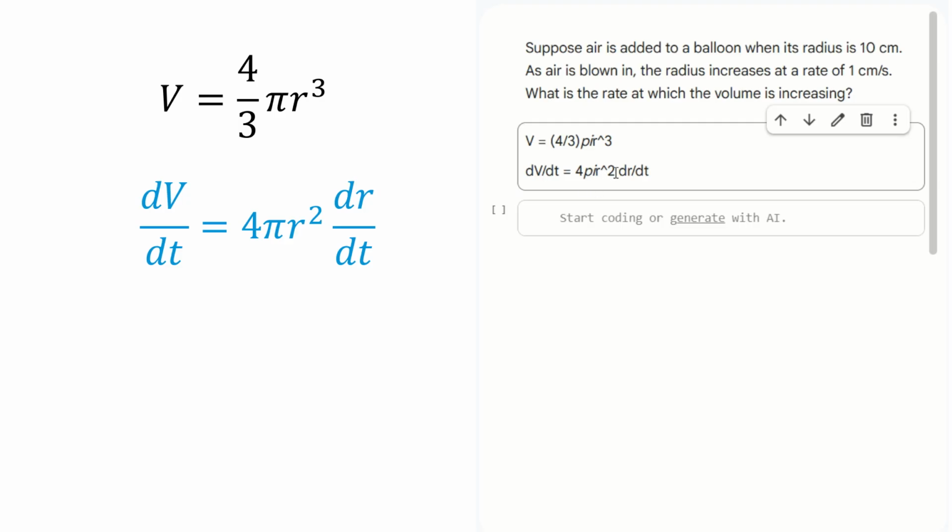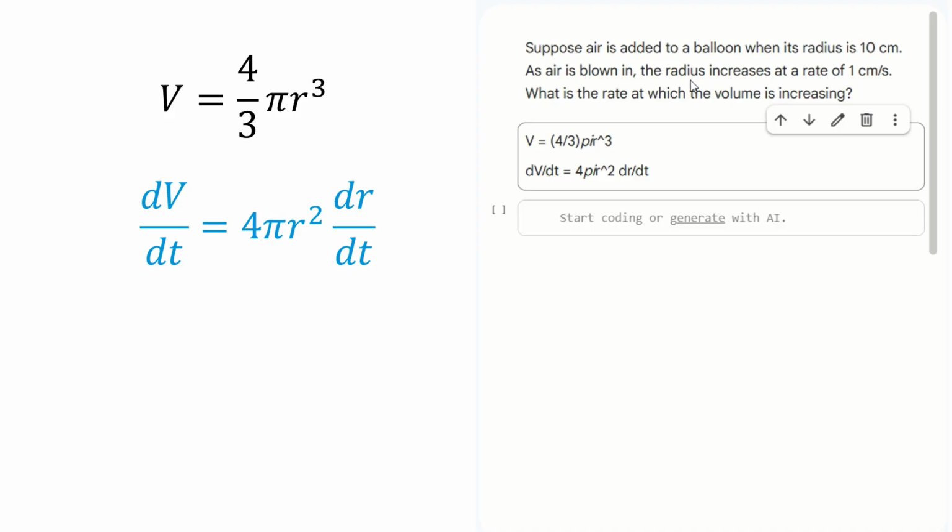Now, if you're familiar with formulas from geometry, 4 pi r squared is the surface area of the sphere. So the rate at which the volume changes is the surface area times the radius rate of change. Okay. So we have a specific problem. Air is added when its radius is 10 centimeters.